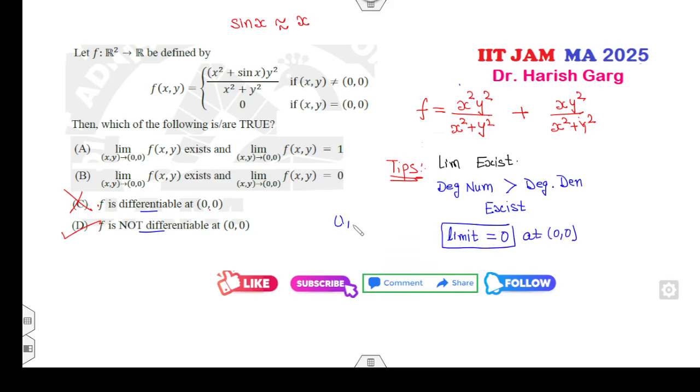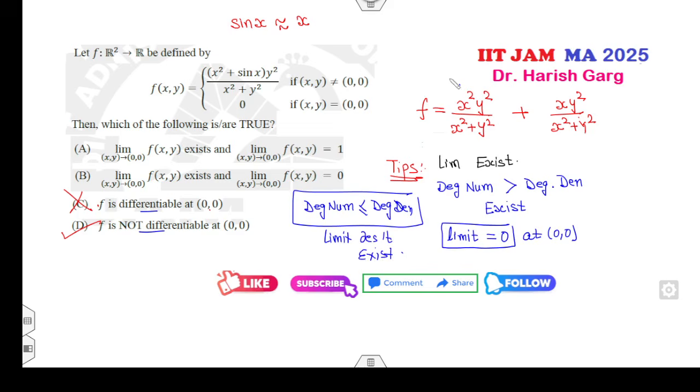You cannot say that at 1,2, only at the point 0,0. On the other hand, whenever the degree of the numerator is less than or equal to the degree of the denominator, then the limit does not exist.